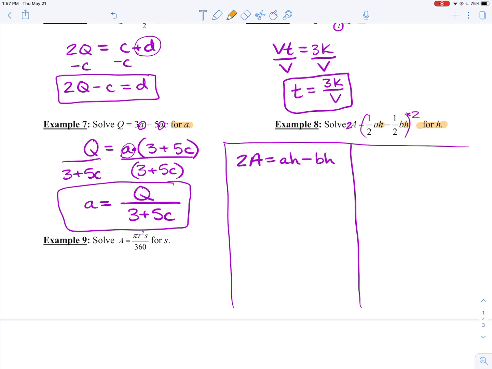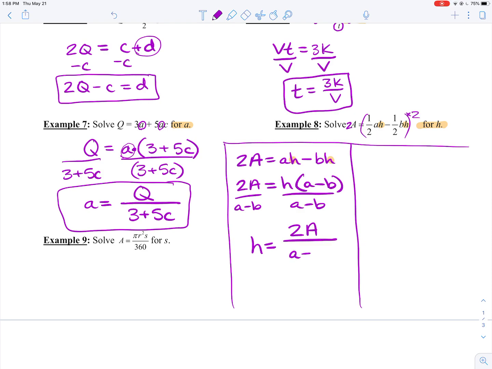Now, using that same strategy from example 7, because I have an H in both terms, I'm going to factor the H out and have A minus B left in parentheses, and then just divide by A minus B. And so my final answer is that H equals 2A over A minus B.